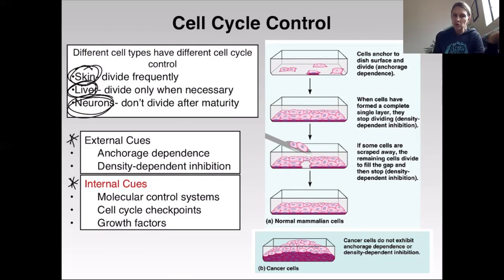Our cells in general don't like to grow on top of each other, right? For example, we usually have a nice thin layer of cells rather than a big clump of cells. And then we have internal cues, where we have control systems, molecular control systems, which we'll talk about, cell cycle checkpoints, and growth factors.